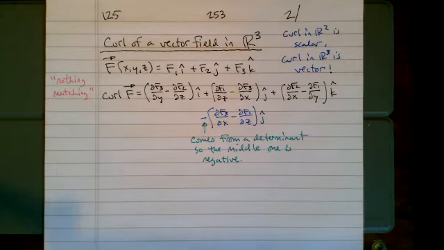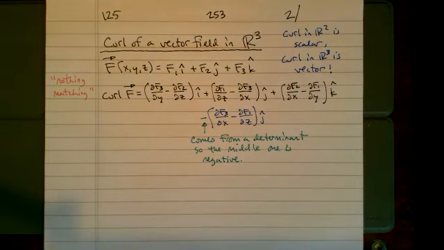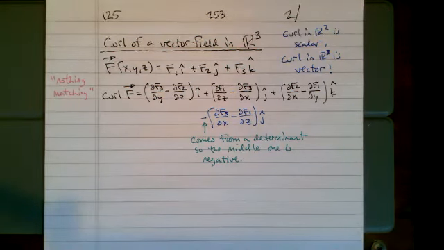X is supposed to go with I in the vector field, but we have nothing in the I component of the curl with a partial with respect to X. So we got vectors, determinants, and nothing matches. What does that tell us this curl in R3 must be?